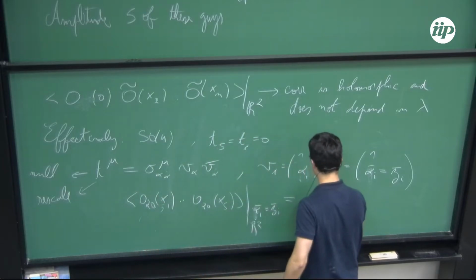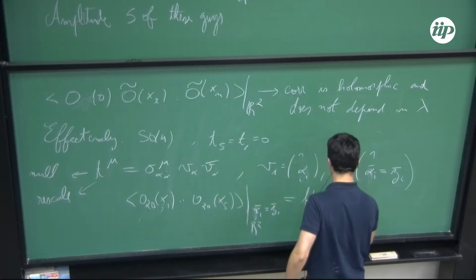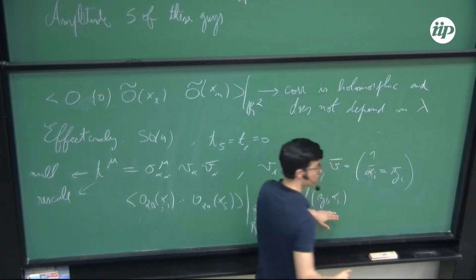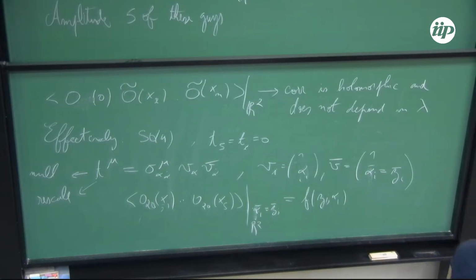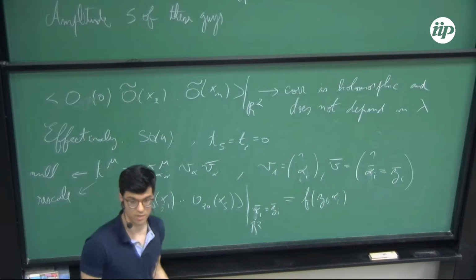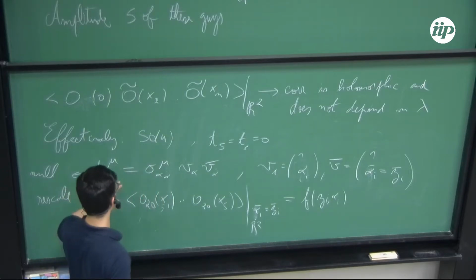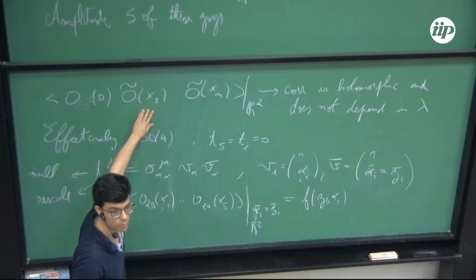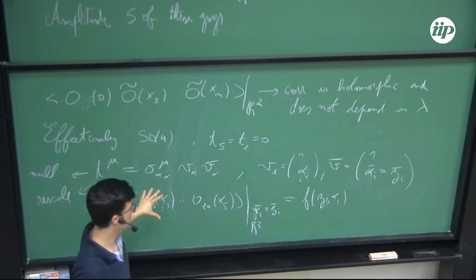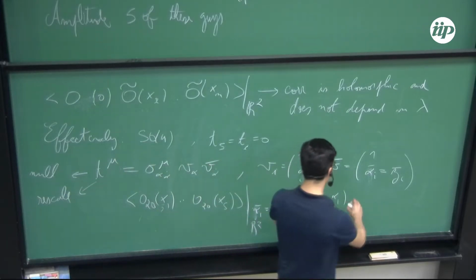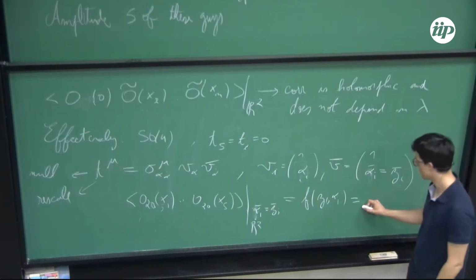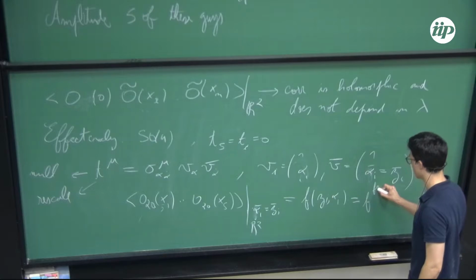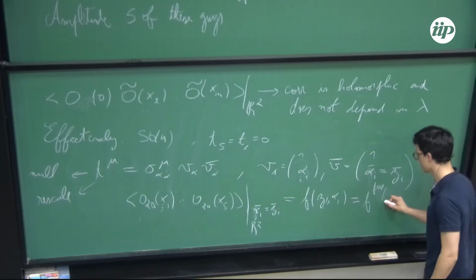This has to be a function of z_i and alpha_i, which does not depend on the coupling. Okay? Very good. So this is the chiral algebra twist, and you can see how it's going to impose a very strong constraint on our correlator. Whatever we obtain is going to be this specific holomorphic function, which, because it does not depend on the coupling, has to be equal to the same function you'd obtain with free field theory.